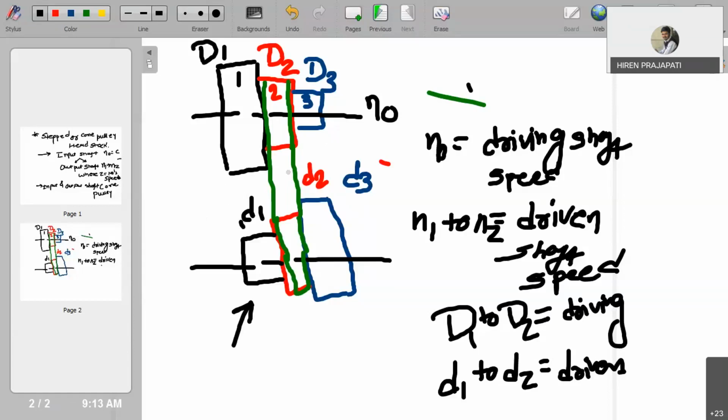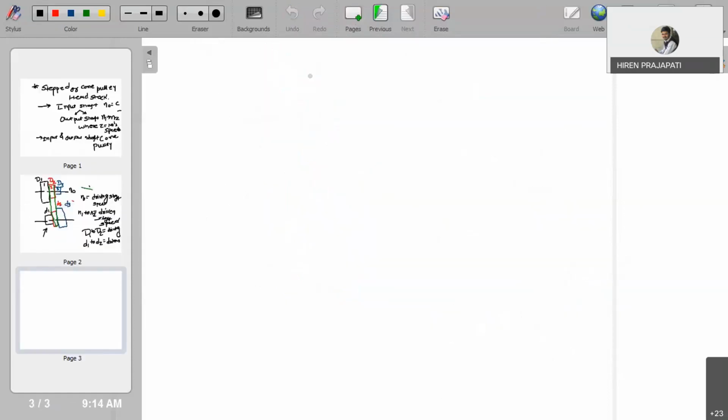Now let me write the speed ratio. If you consider speed ratios, then for the first speed, N1, the speed ratio is nothing but the transmission ratio, right?